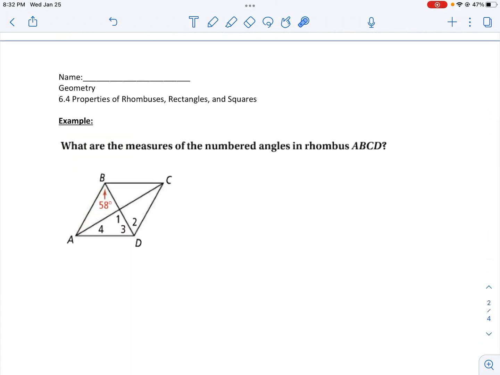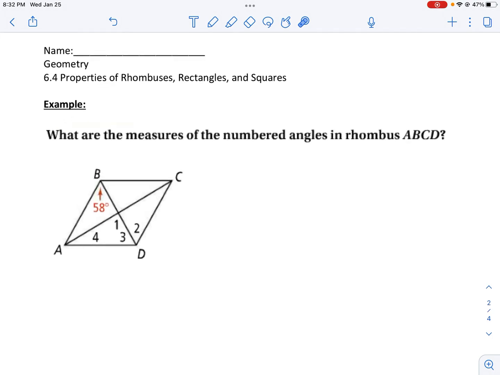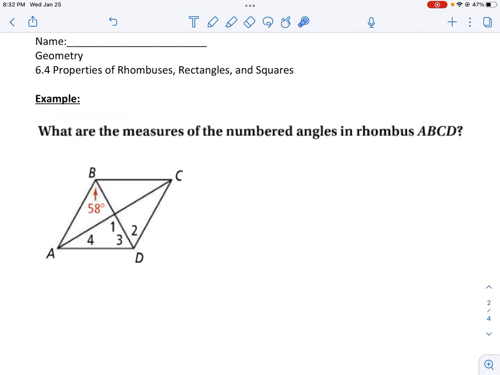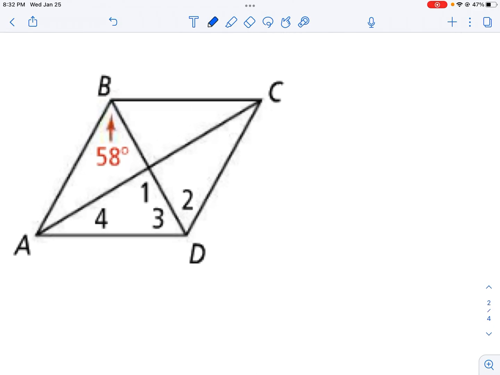So in our first example, it is asking for the measurement of the numbered angle in rhombus ABCD. As I take a look at this, the first place I can start, without a doubt, if it's a rhombus, then we know that angle 1 is 90 degrees.